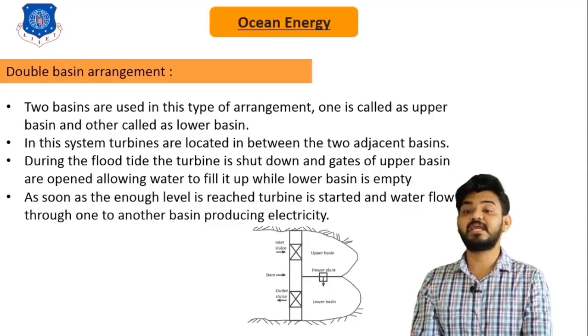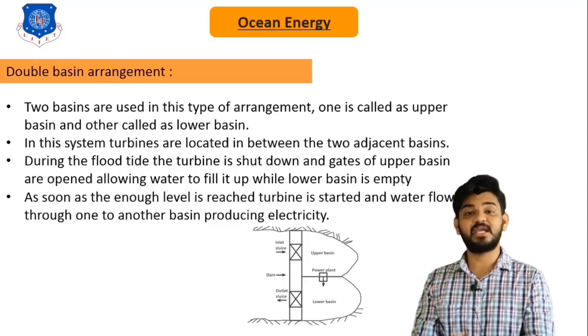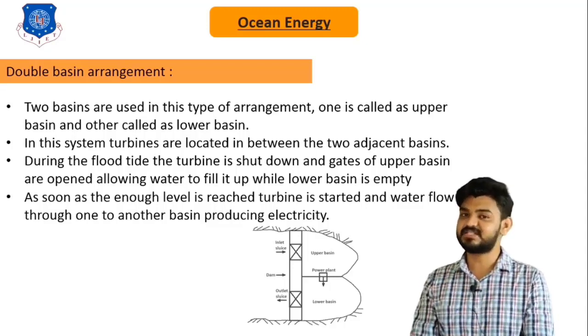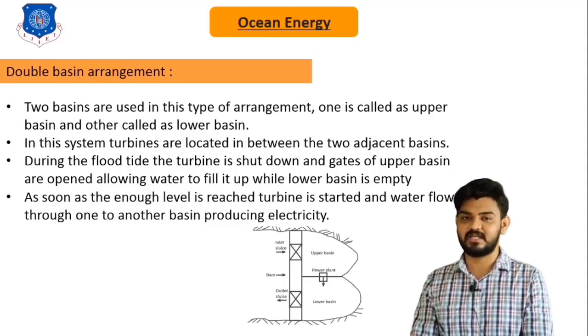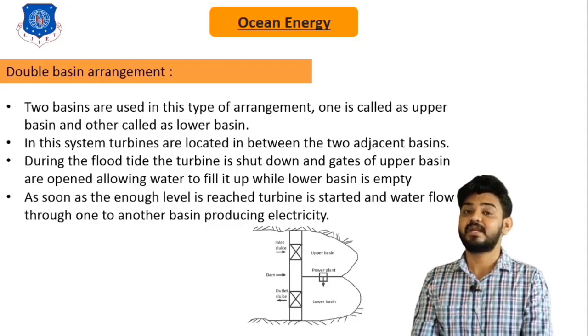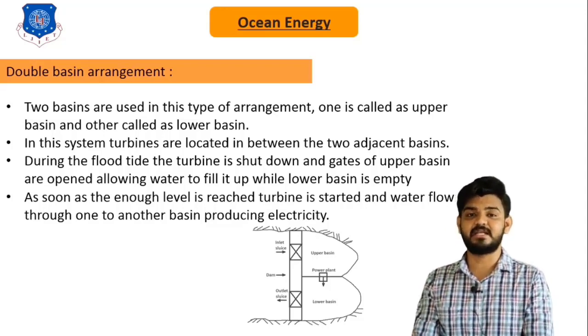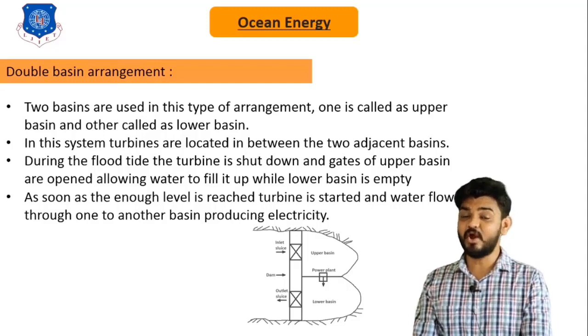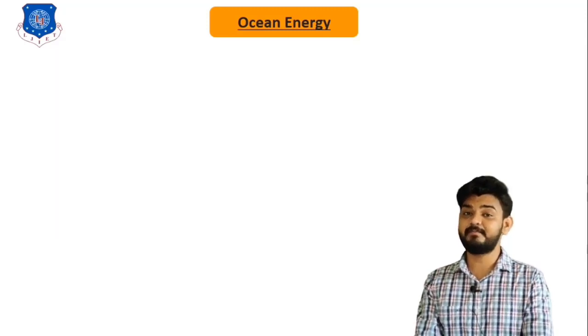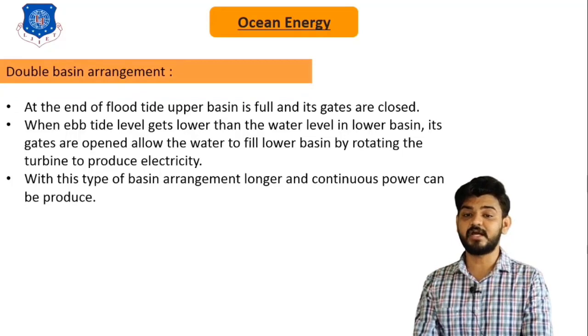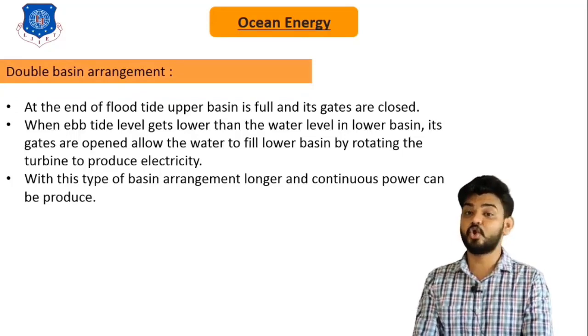As soon as enough level is reached in the basin, the turbines are started and they rotate the generator and produce electricity, and this water is then transferred to the lower basin, producing electricity, and at the end of flood tide the upper basin is filled with water and its gates are closed.